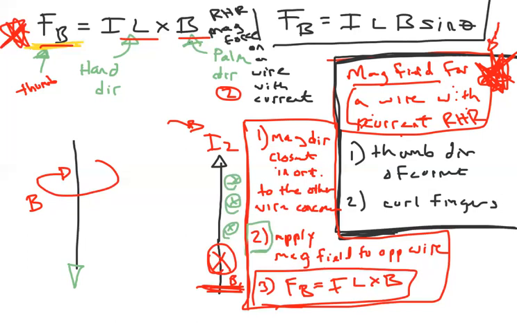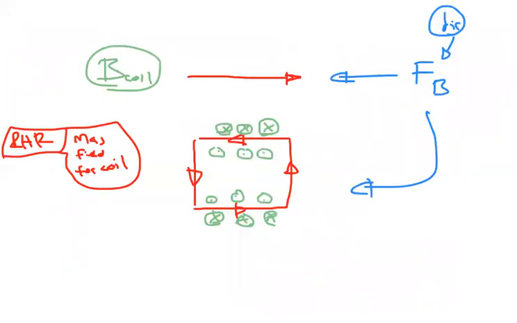It's the same thing over here with this right-hand rule. Right now I'm writing it as mag field for a coil with current, but this could also be getting the current for the mag field, for a coil. You see what I'm saying? I don't think I said that right, but I think you all are picking up on what I'm saying.